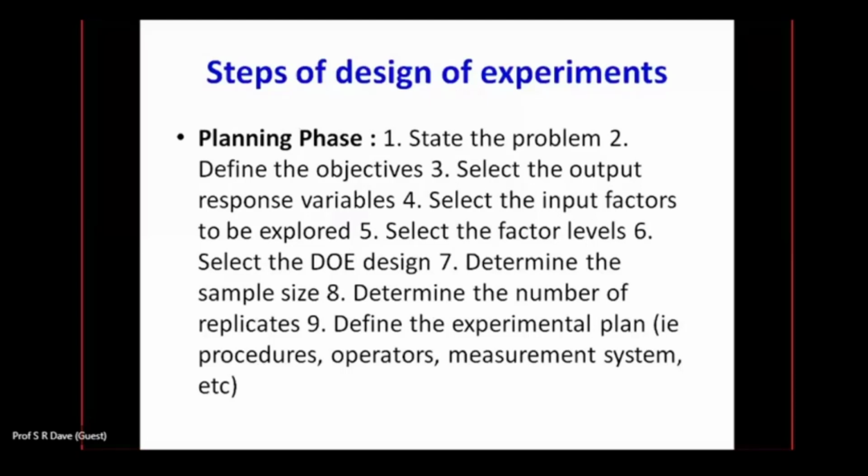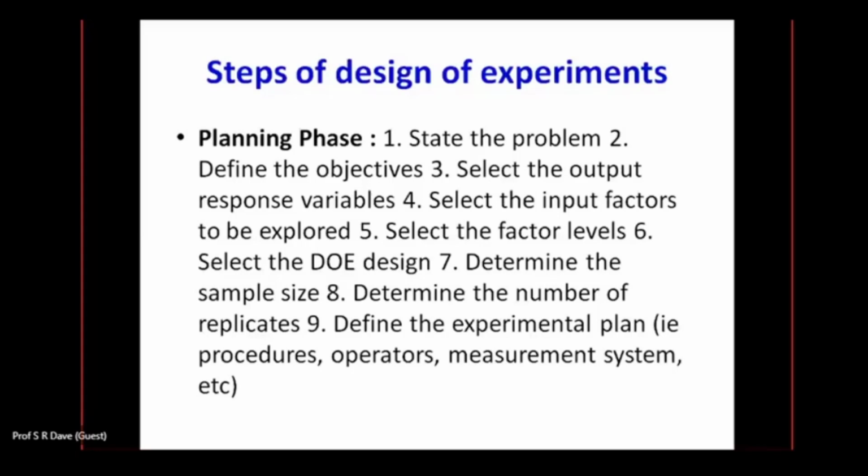Then select the output response variable: when you do this experiment, what type of result you will get. Select the input factors to be explored: what factors we want to study during the experiment. Select the factor levels: at what level the various factors are to be studied, that we have to decide.